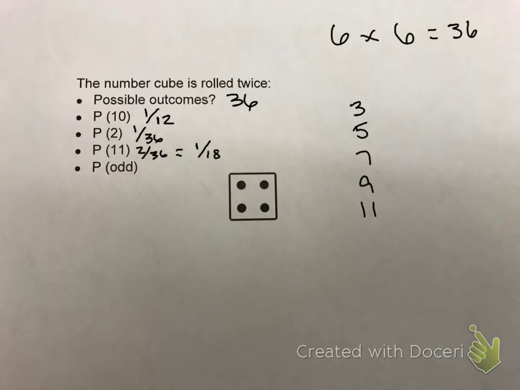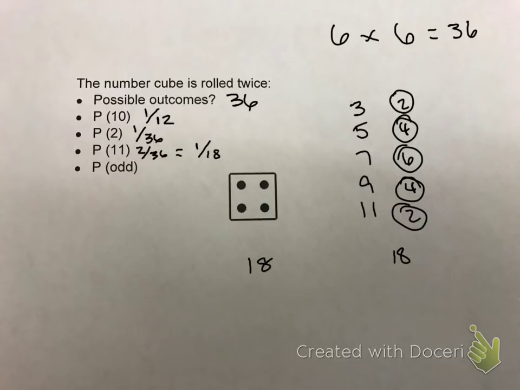And there are 2 ways to roll a 3. There are 4 ways to roll a 5. There are 6 ways to roll a 7, 4 ways to roll a 9, and 2 ways to roll an 11. So all of those different ways add up to 18 different ways to roll an odd number. 18 out of 36 simplifies to 1/2. Therefore, the probability of us rolling an odd number is 1/2.